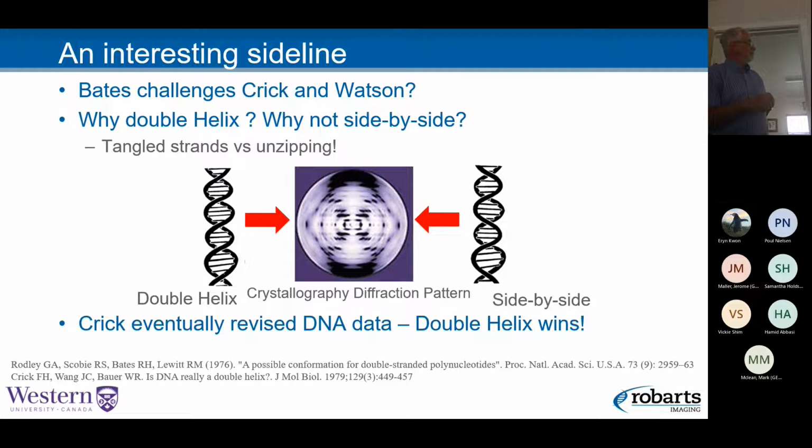Instead of the double helix, you can think of the molecules being arranged more like a zipper, which made a lot more sense to me, because when you have molecules twisted around each other, pulling them apart, they should get tangled up. Whereas if they were side by side, you could pull them apart just like a zipper. And these two structures have exactly the same diffraction pattern.